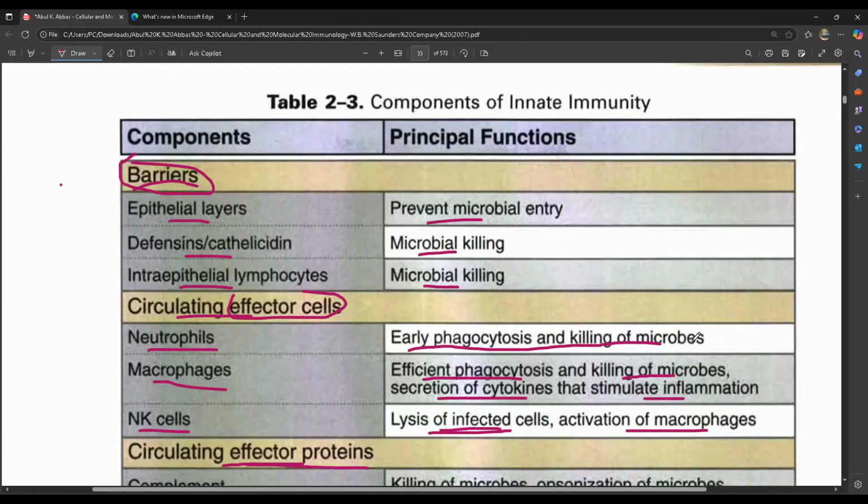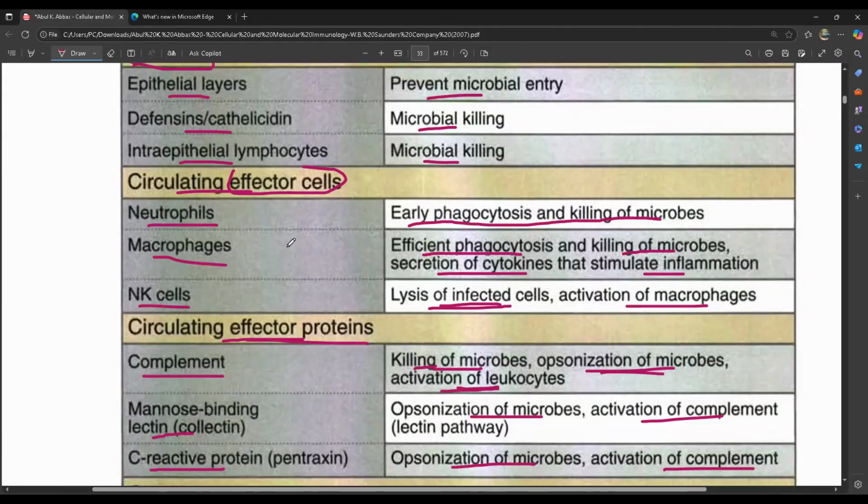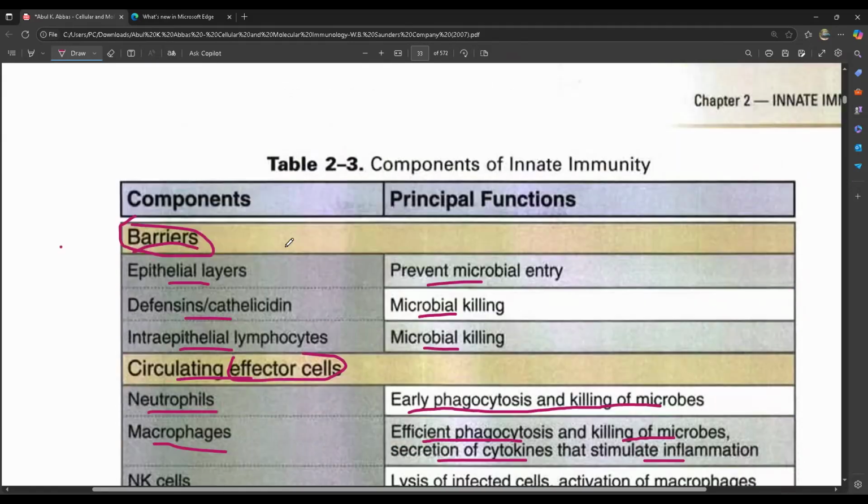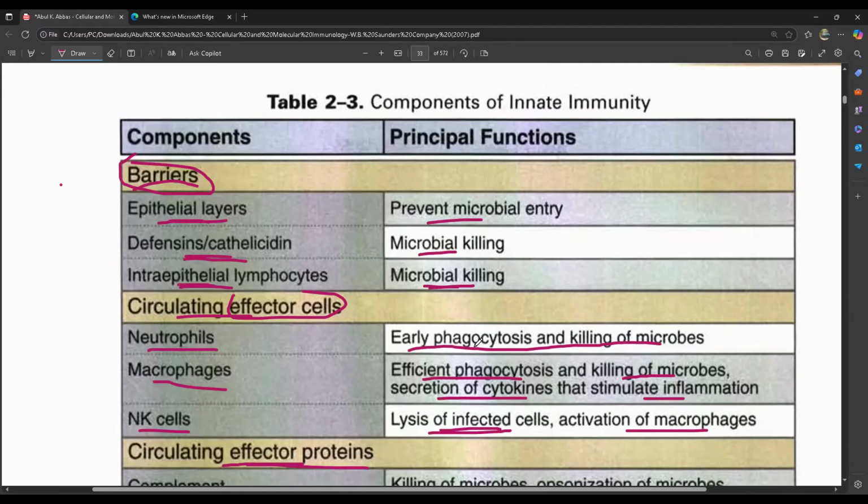So you can see that there are different components of innate immunity: barriers, circulating effector cells, circulating effector proteins, and cytokines. In the barriers, epithelial layers prevent microbial entry, defensins help in microbial killing, and intraepithelial lymphocytes help in microbial killing.